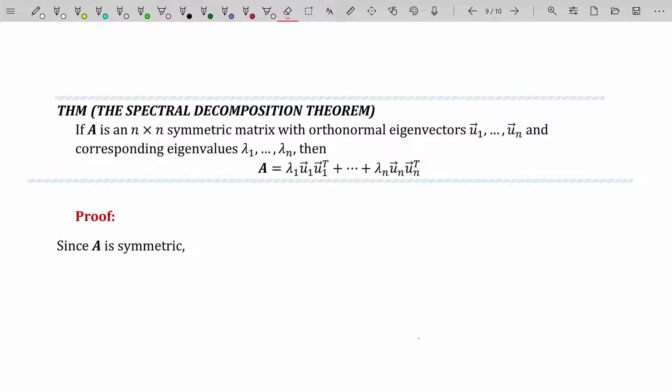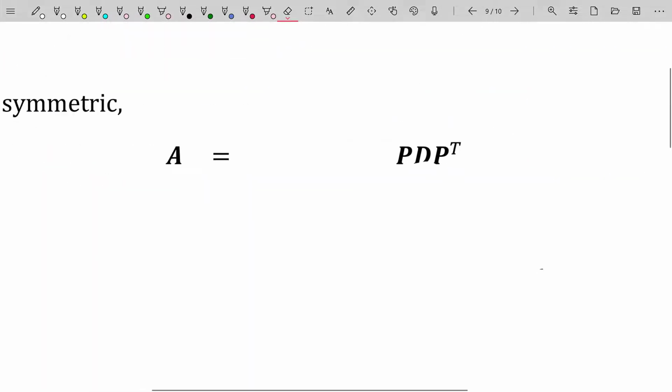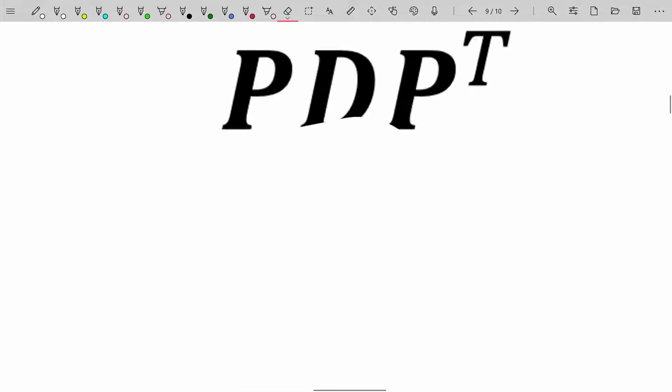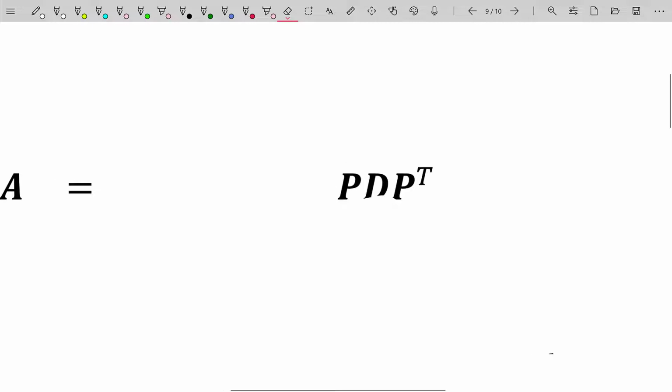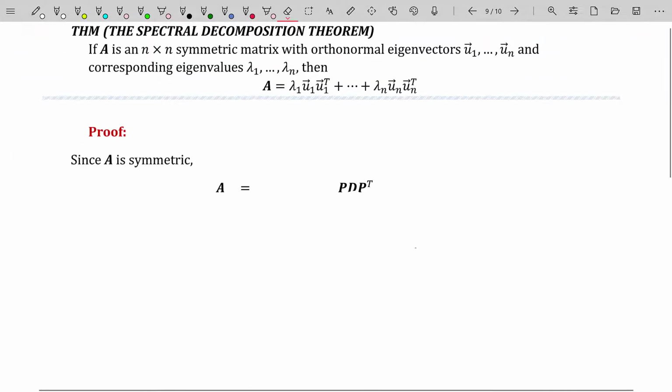Well, since A is symmetric, we know that A must be equal to P times D times P transpose. That is, A can be written as some matrix P, which has as its columns the eigenvectors of A. And we were told, by the way, I didn't write it in the proof, that A has orthonormal eigenvectors.